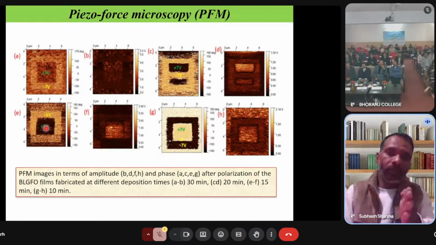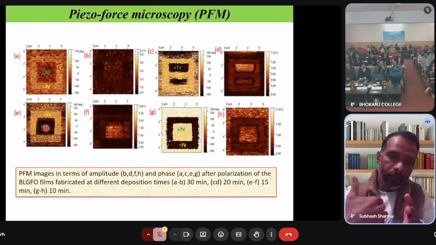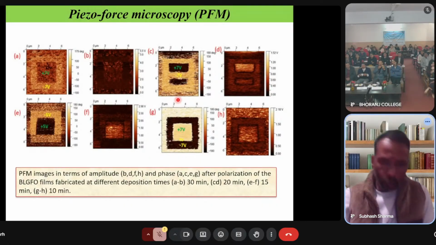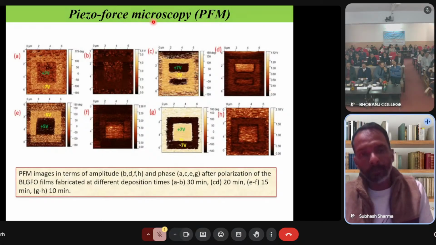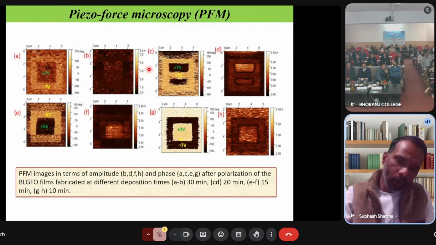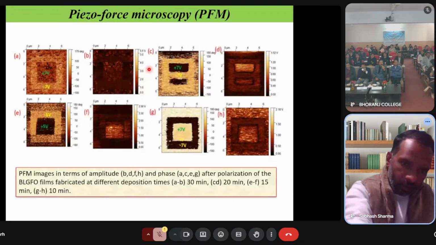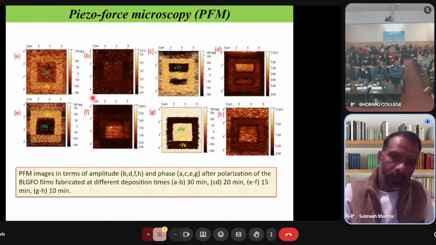One spin is this and one is just opposite. It means we have 180 degree domains and sometimes 90 degree. To check whether you have 180 degree domains in your material, you can perform this PFM, piezo force microscopy. Basically you are poling the material and then making this measurement.